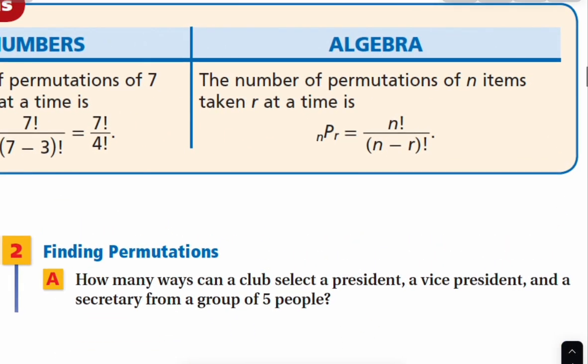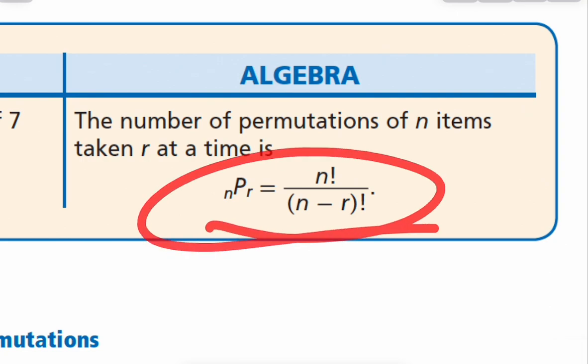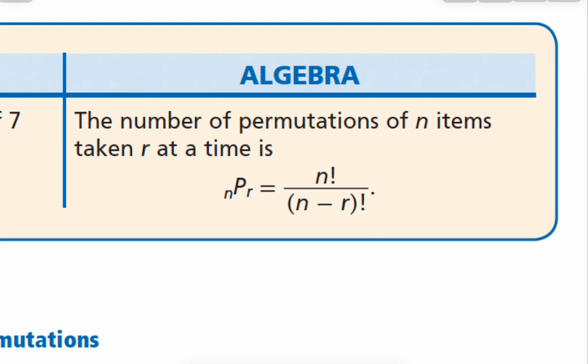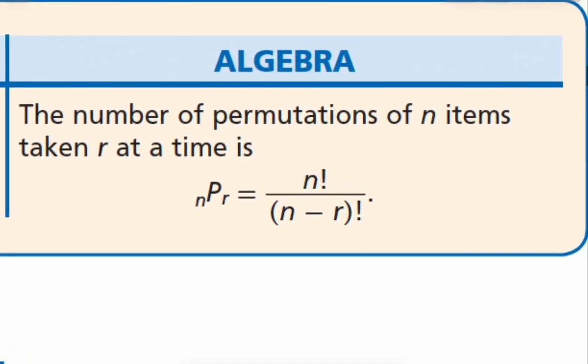So this is a permutation right here. It's going to use this notation. And it is if we have n items to choose from, and we are taking r of them at a time. Okay, here's what I mean by that. Now remember, in a permutation, the order matters. So make yourself a note.